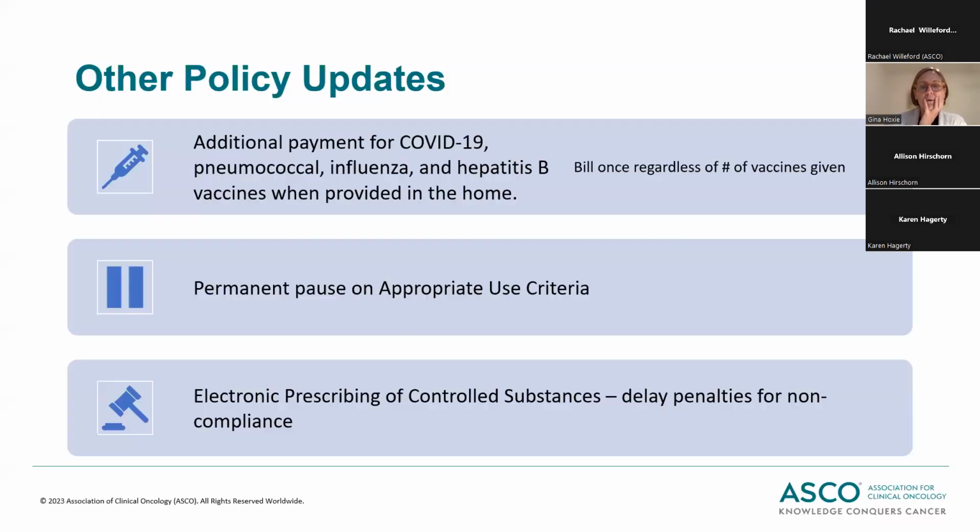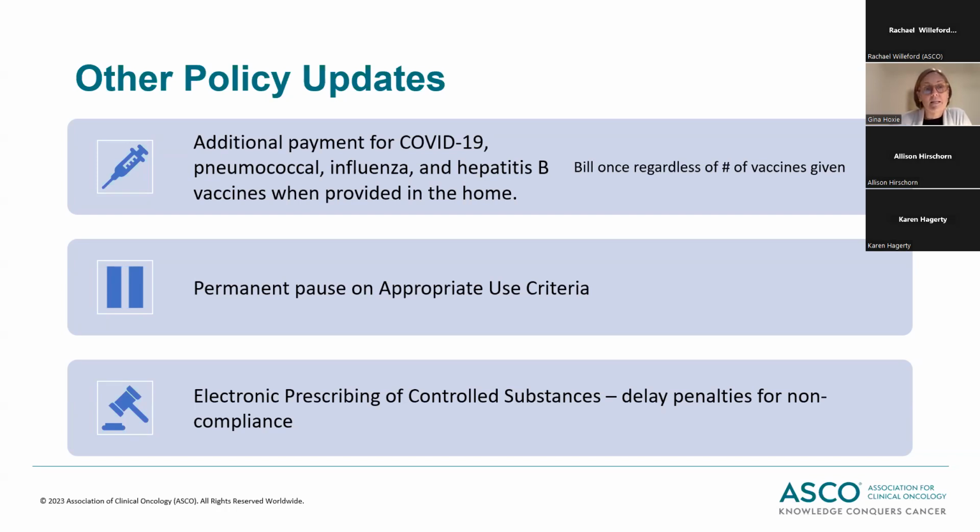All right, just a quick few other policy updates. CMS finalized its proposal to maintain the in-home payment for a COVID vaccine administration. This is under Part B. So if a patient receives a COVID-19 vaccine at home, there is an additional payment for the provider.